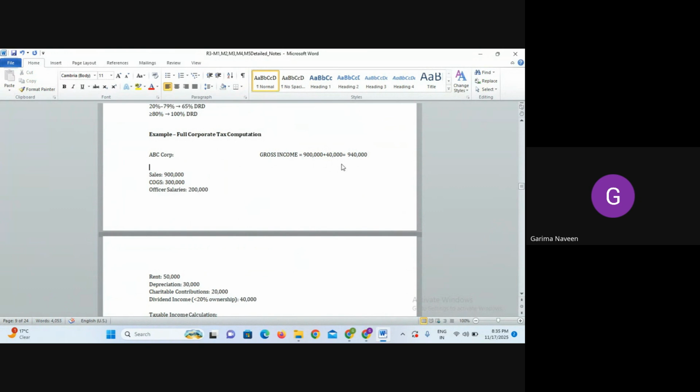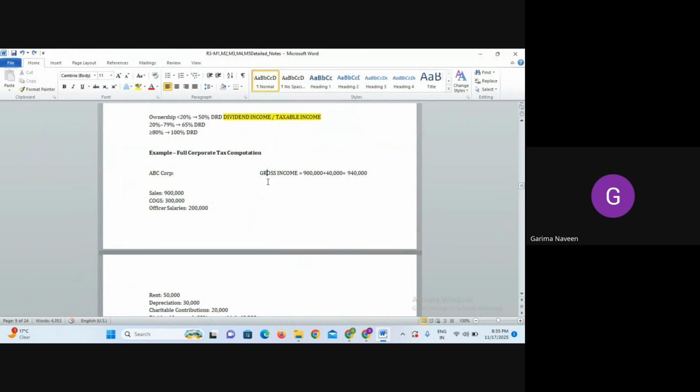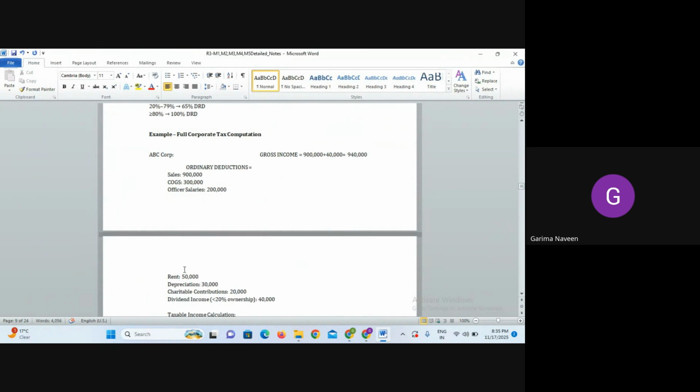Then you have your ordinary deductions: your COGS, salaries, rent, and depreciation. That gives you a deduction equal to 580.